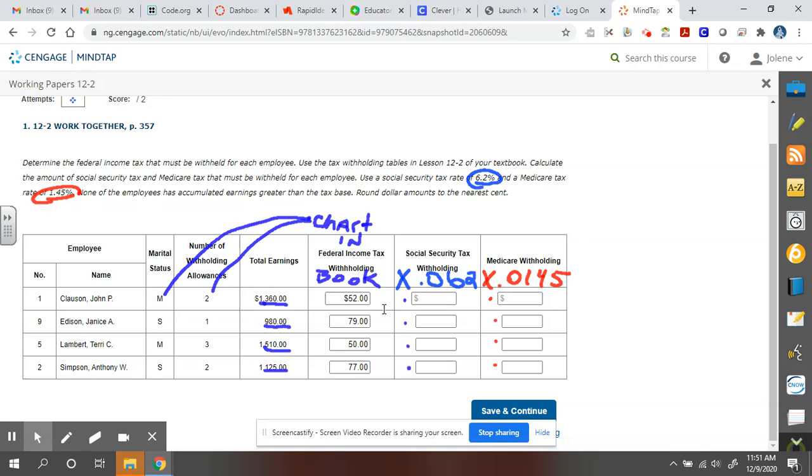Now, I'm going to go in and do these for you. So again, I'm basing this on their income. So this is 1360 times 0.062. So John is paying $84.32 to Social Security. And Janice made $980.